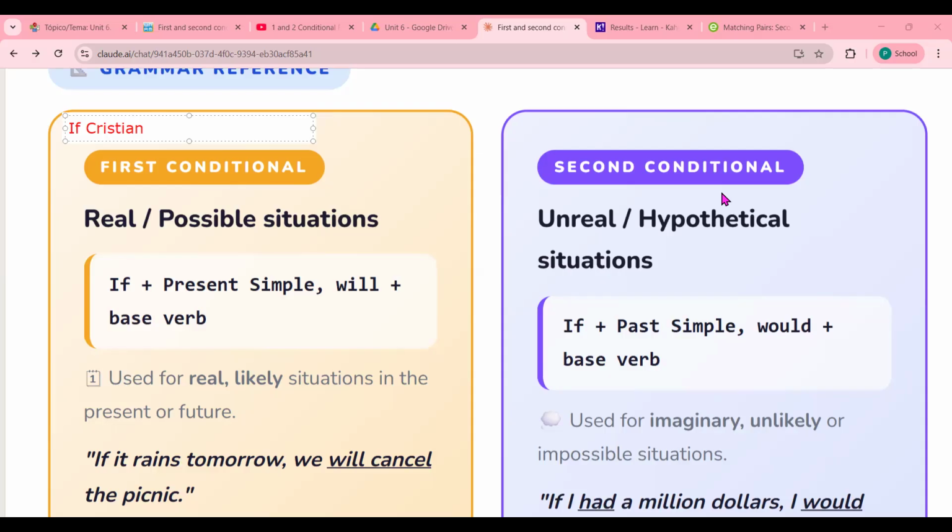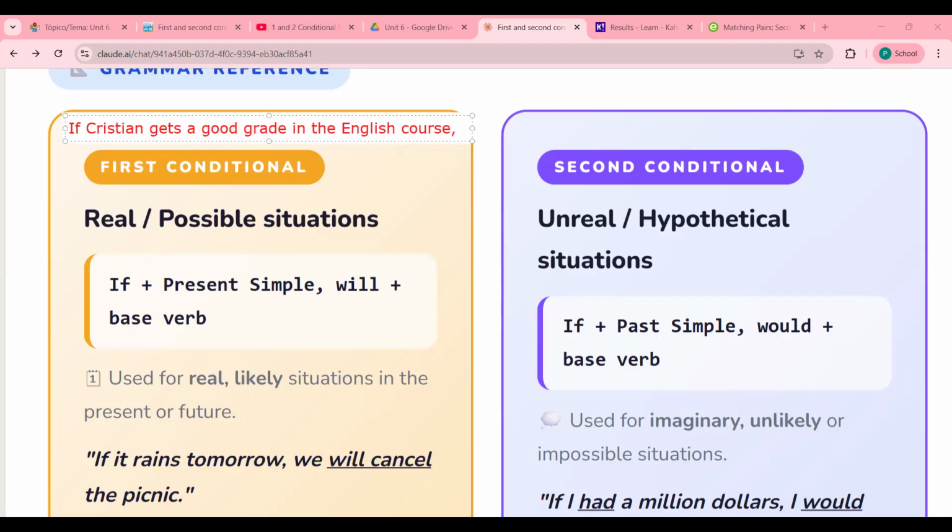If our partner Christian gets a good grade in the English course.